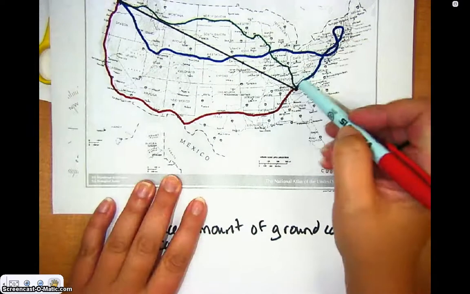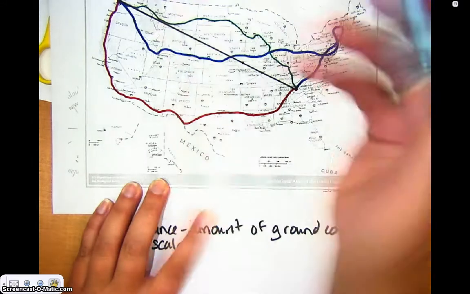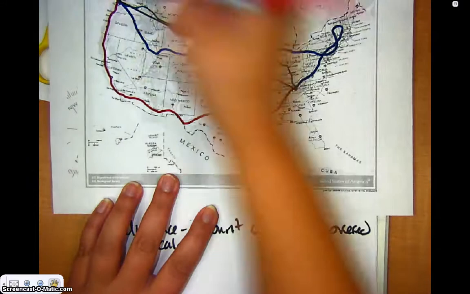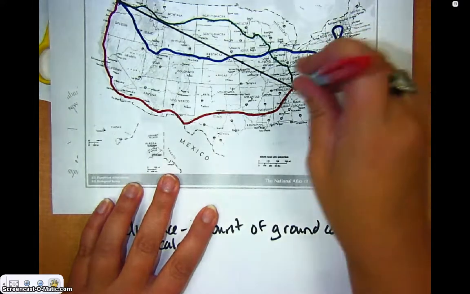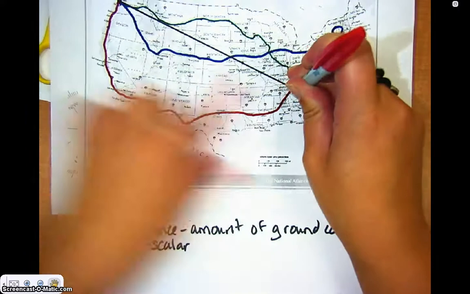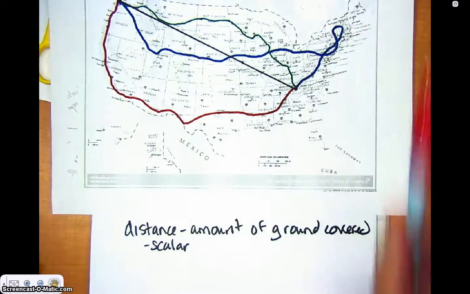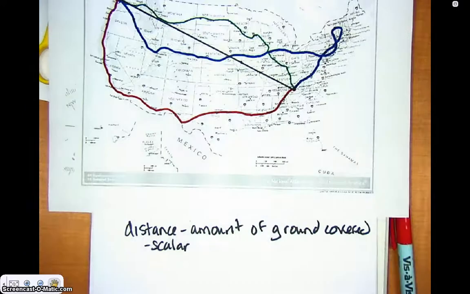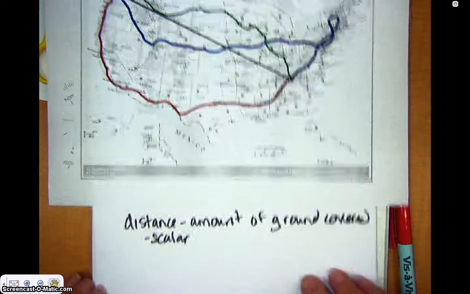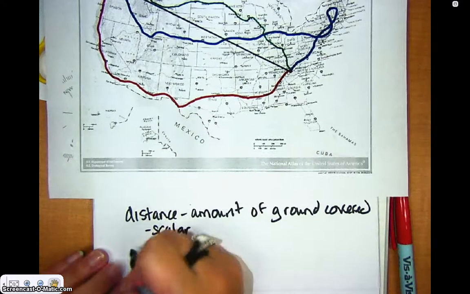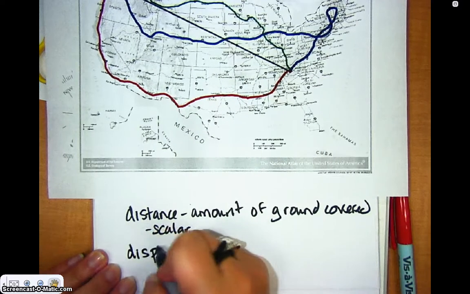So even though this trip was more miles than this trip was, the difference from where I started to where I ended up is exactly the same. It's this straight line. That line right there is called your displacement.